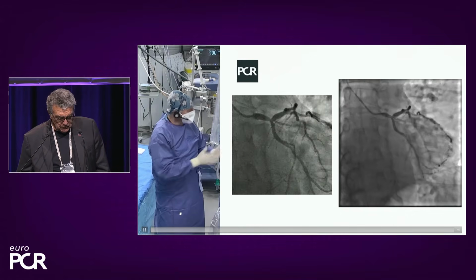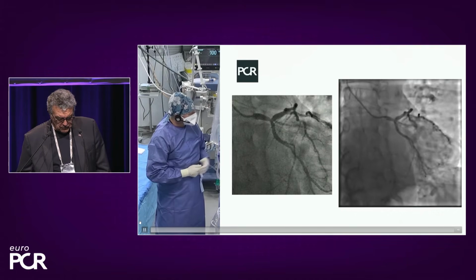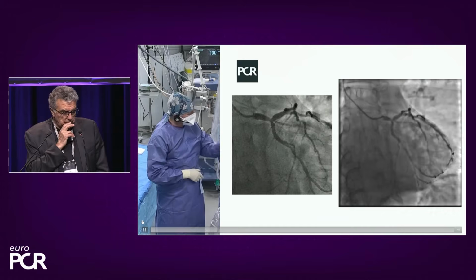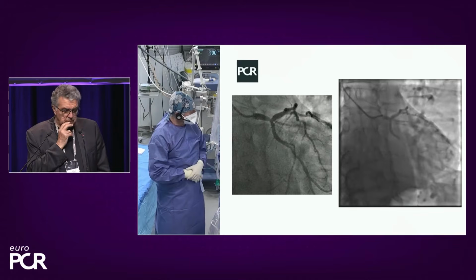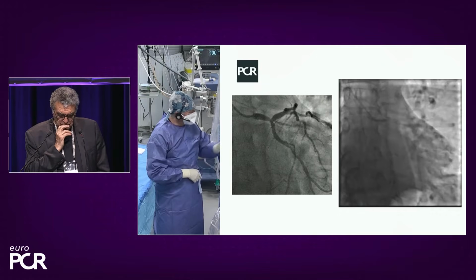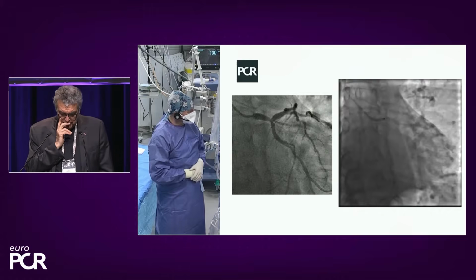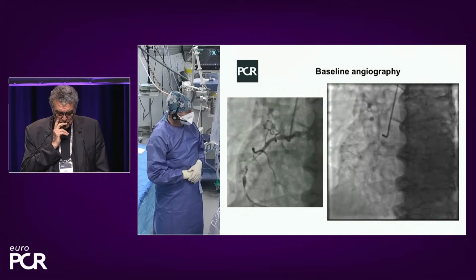This is quite like a spider view, but maybe less caudal, less LAO, sorry. And we confirm perfectly here the tight lesion at the level of the distal left main. It's not calcified, with some involvement of the ostium of the circumflex, and also the tight lesion of the first marginal.